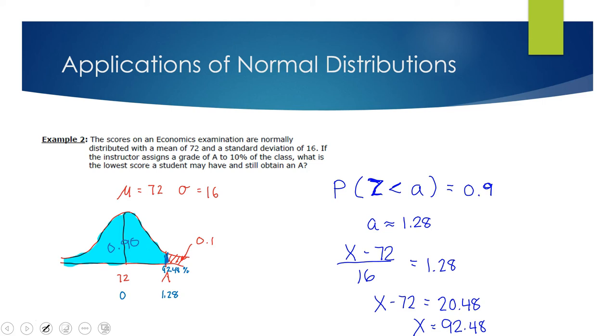I want to make sure that I have that score, the lowest score, to make sure I have an A. So I want to be over that. So it'd probably be best for me to say I have a 93% to put me definitely in that range. So I would like to say that to have an A, a 93% score or more is needed for this circumstance.